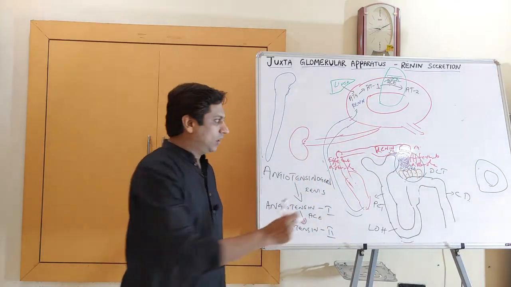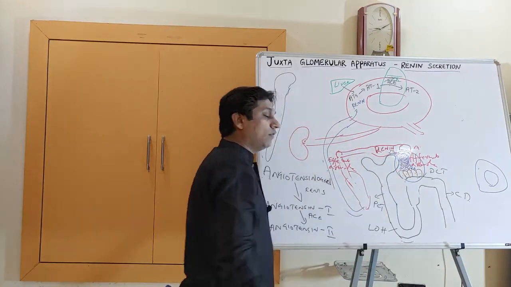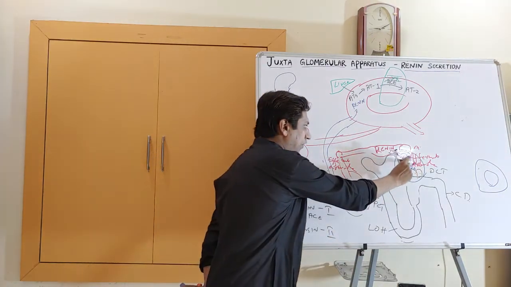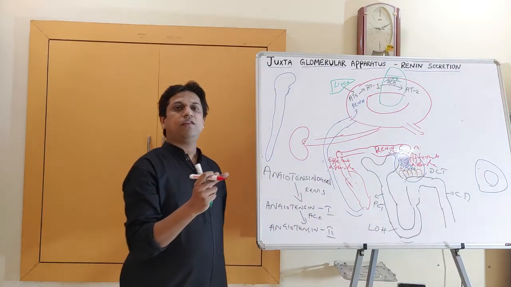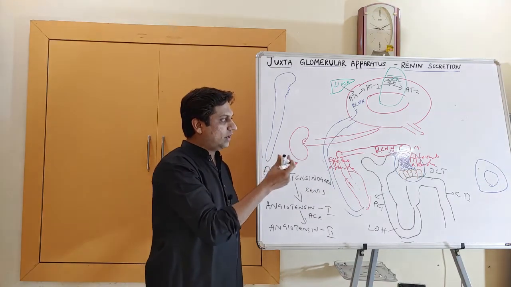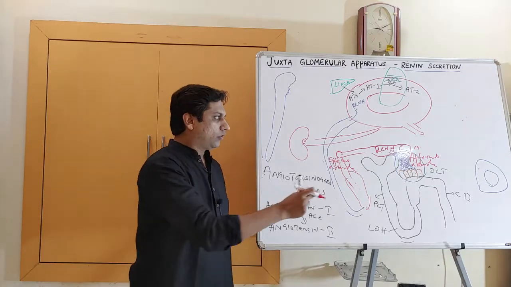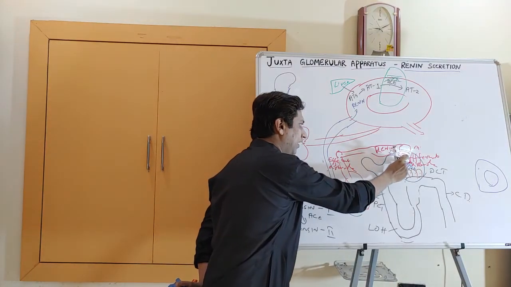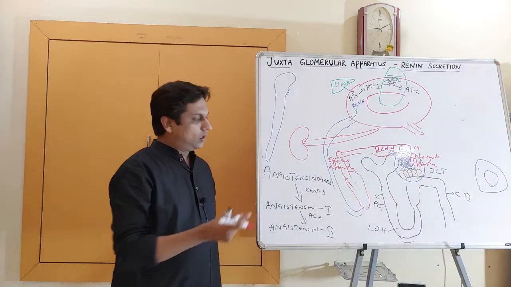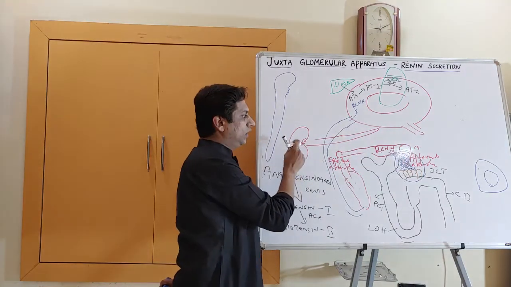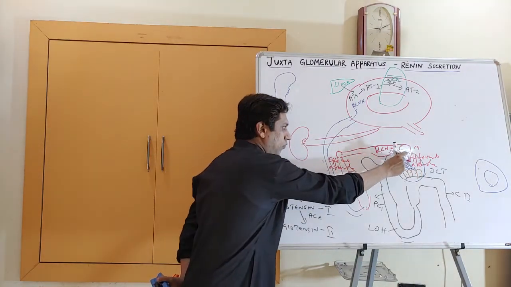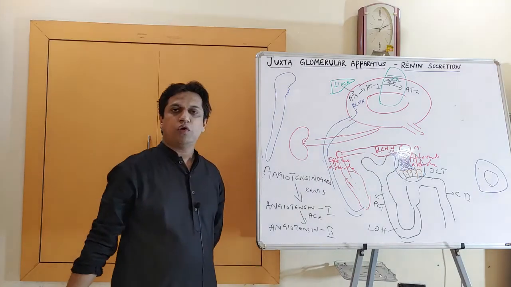How does it sense? The juxtaglomerular cells sense the change in blood pressure, that is, reduced blood pressure due to the decreased volume. So these JG cells, due to the decreased blood flow in the kidney, will be stimulated and secrete renin. This is one of the secretions.